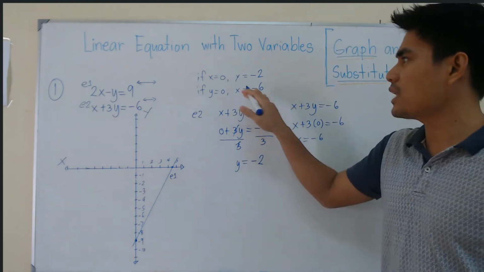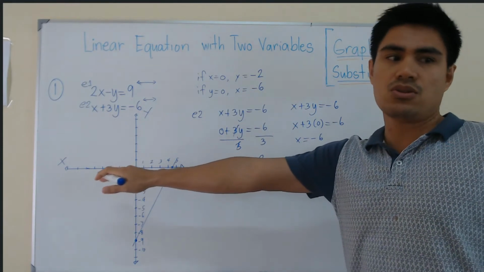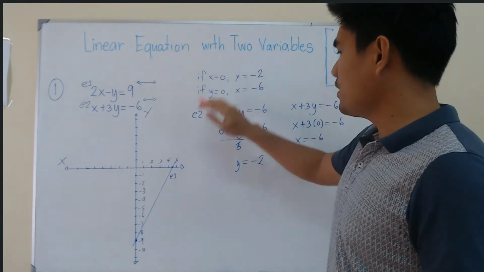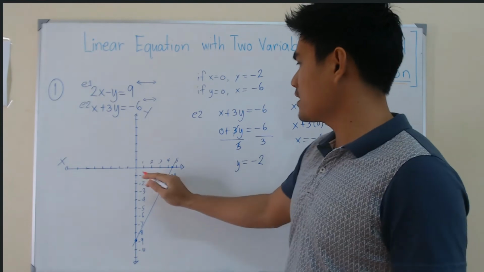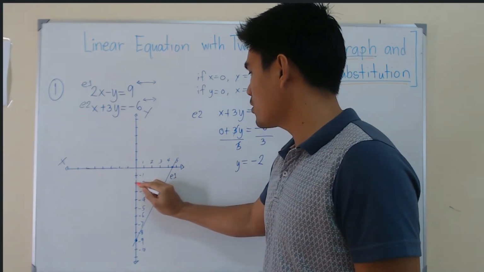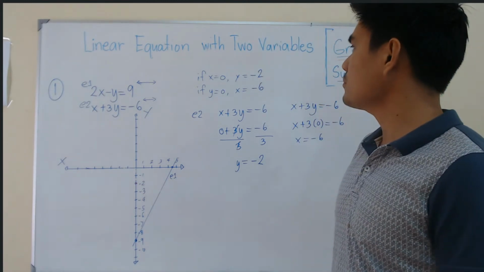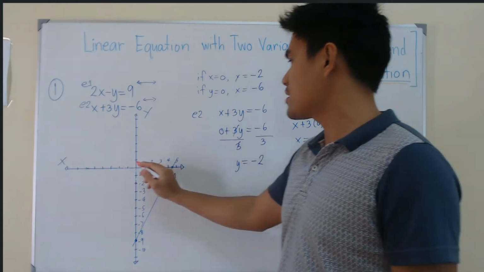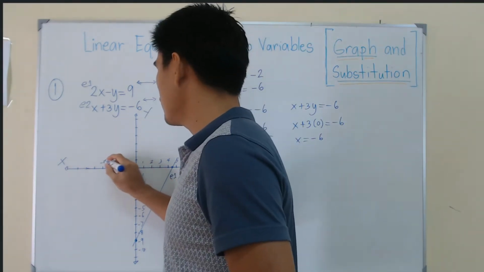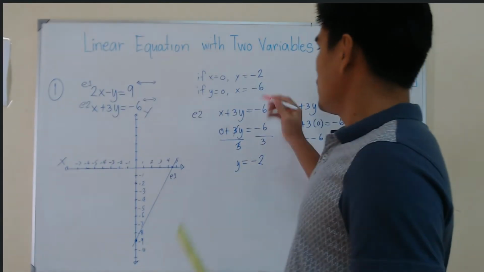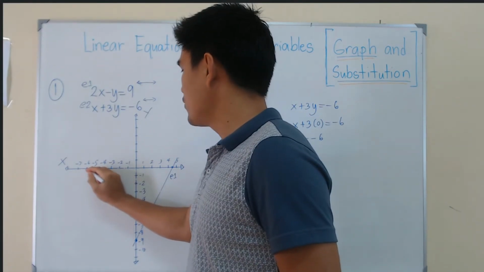Now we're going to plot equation number 2 into our graph. If x is 0, y is negative 2. So negative 2 for y is over here. If y is 0, x is negative 6. So we have here negative 7. So negative 6 is over here.